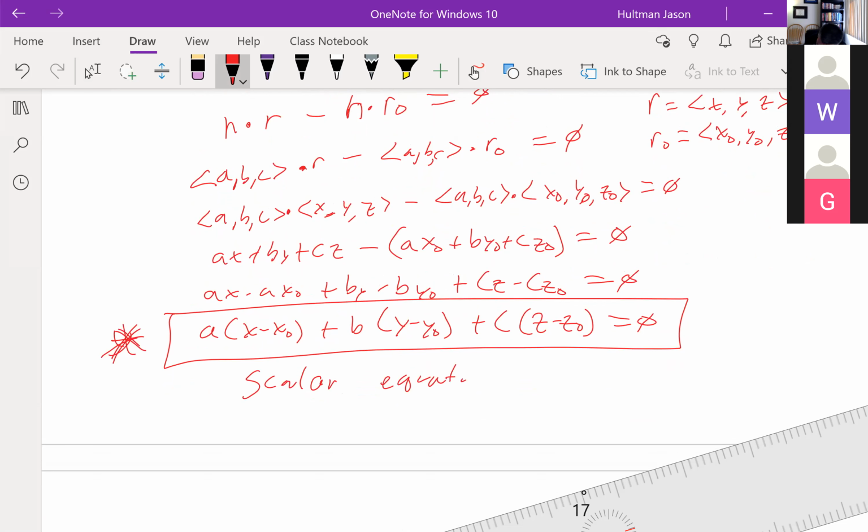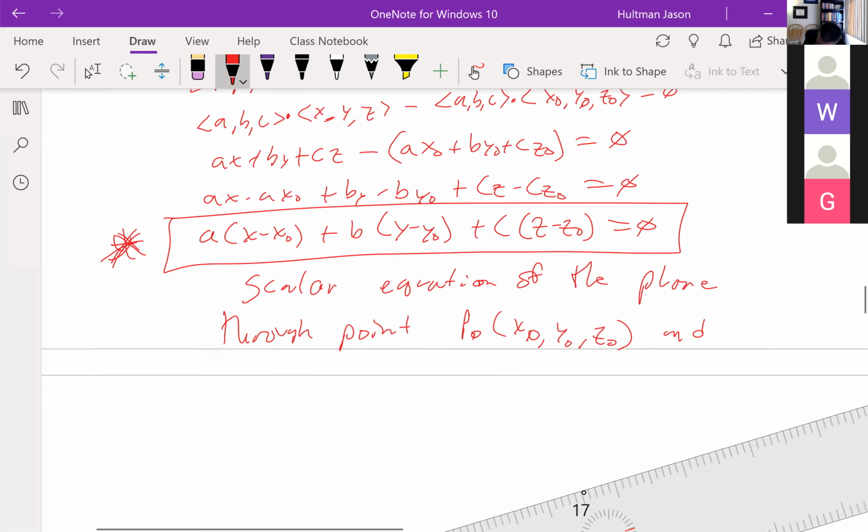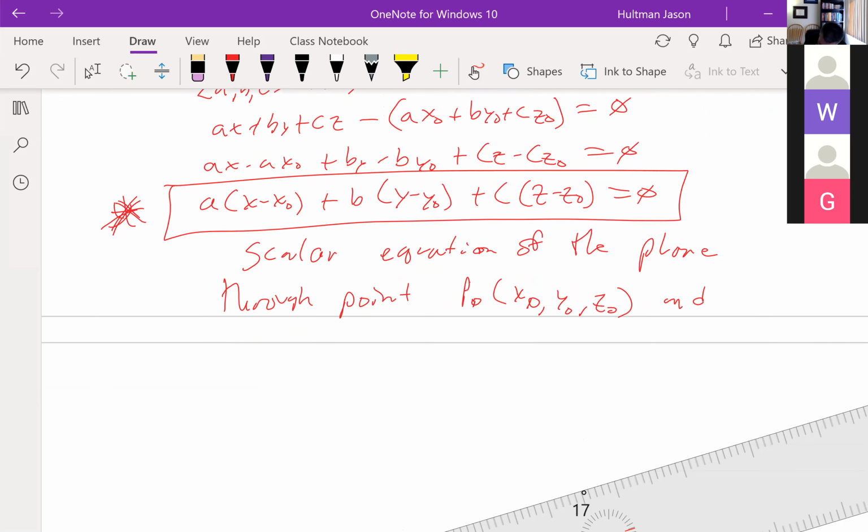Scalar equation of the plane, through the point P naught, x naught, y naught, z naught, and with normal vector ABC. So this is a vector, A, B, C.